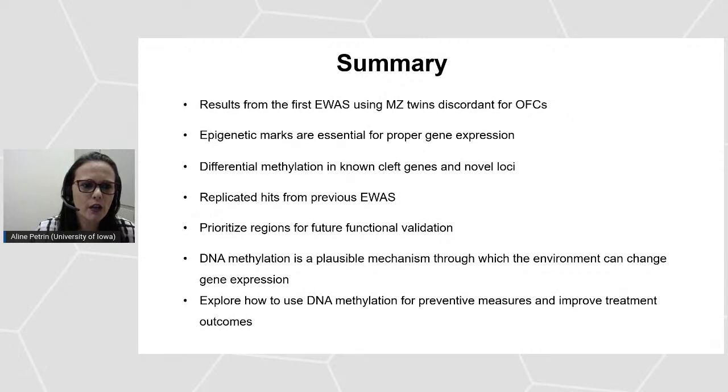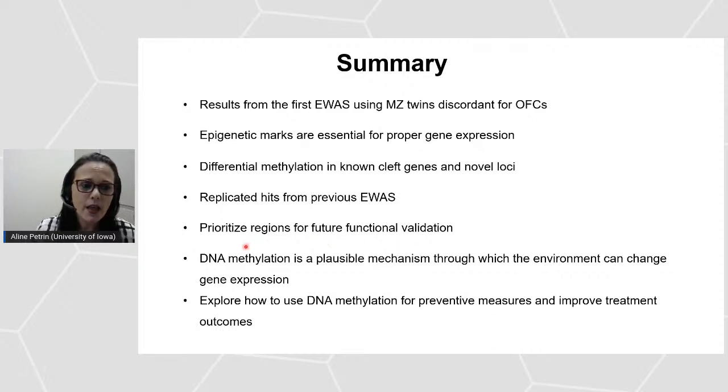Just to finish, I wanted to show you today the results from the first EWAS using monozygotic twins discordant for clefting. There is another study being done with monozygotic twins by another group as well. We show epigenetic marks that are essential for gene expression, that differential methylation is present in non-cleft genes and novel genes as well.